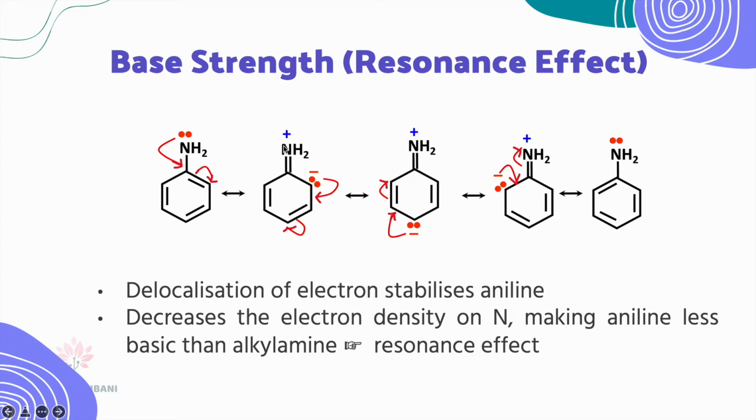It needs higher electron density on N here. That's why the amine attached to the aromatic ring is less basic than amine which has no aromatic ring at all. So this is what we call the resonance effect. Base strength depends on the resonance effect.